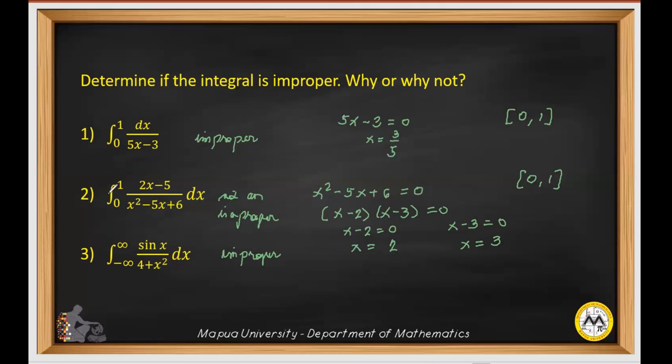And if the critical value of x, that is, the value of x that will make the denominator 0, is within the interval, then there is discontinuity on the closed interval. Hence, we can consider that as an improper integral. So with that, we can now consider some additional examples.